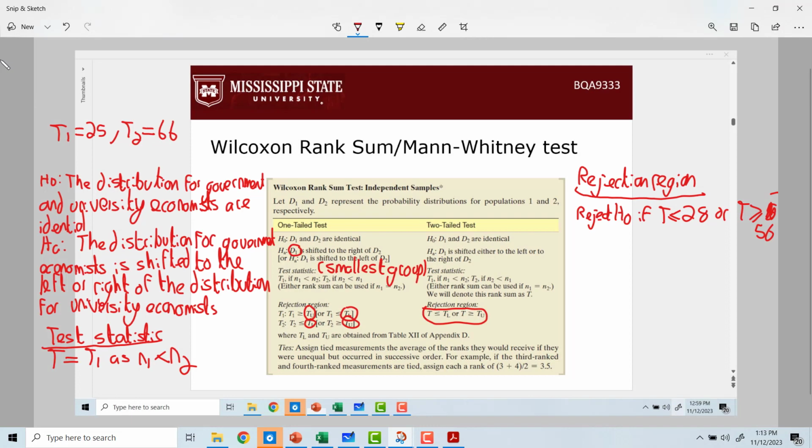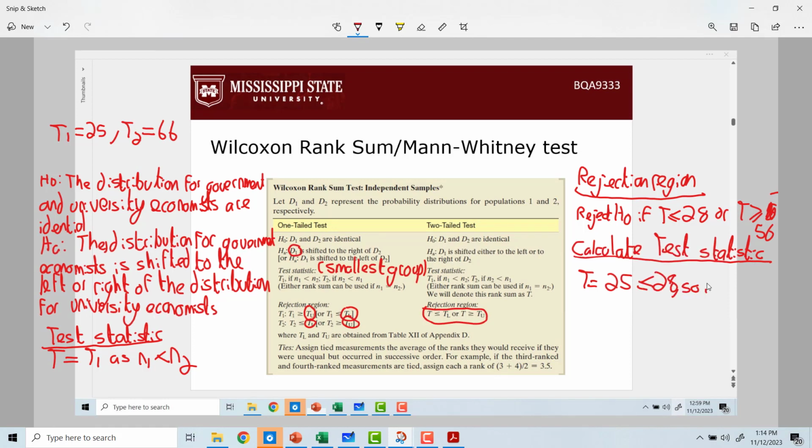Okay, so we're going to calculate the test statistic. We're going to say T equals 25, which is less than or equal to 28.